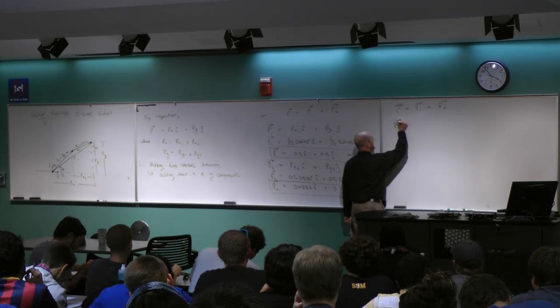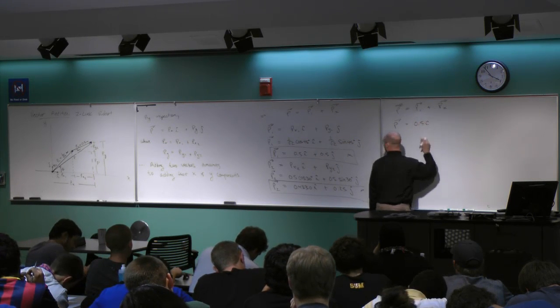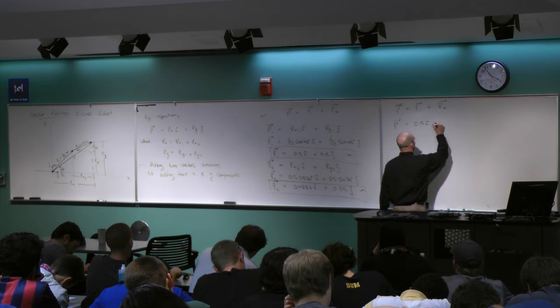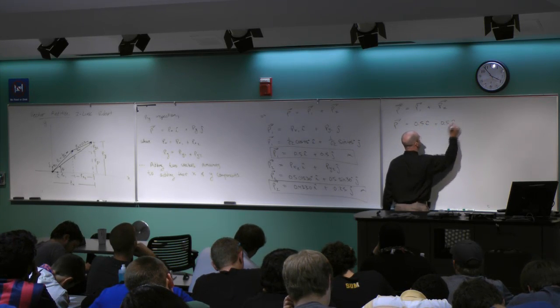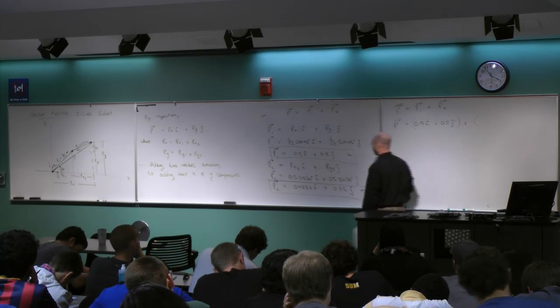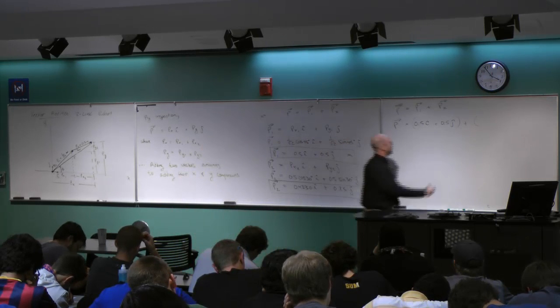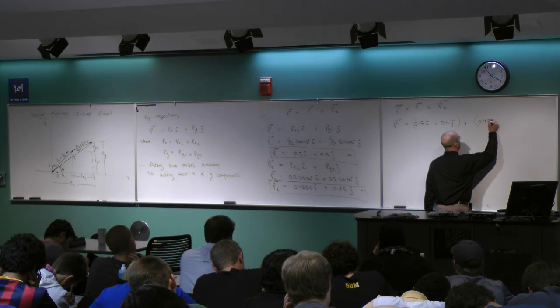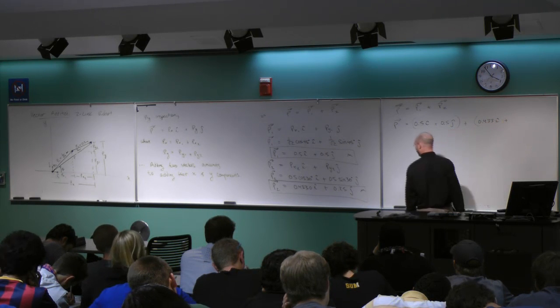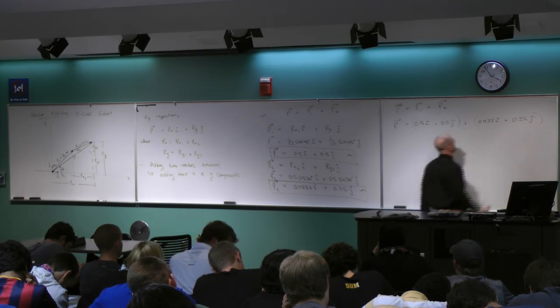So that means the vector P now is P1, that's 0.5i, taking it right from here, plus 0.5j, that's P1. I'm going to add to that the vector P2, 0.433i plus 0.25j.